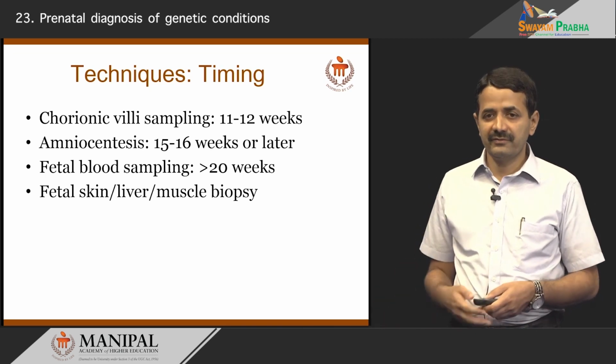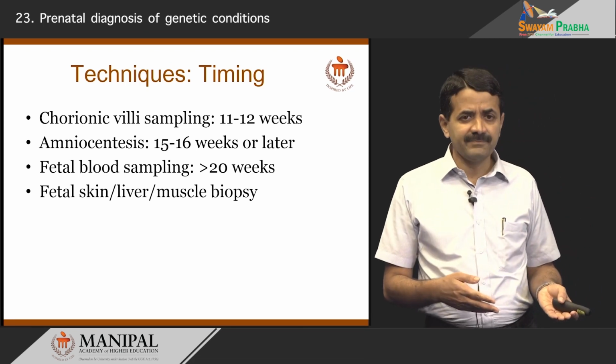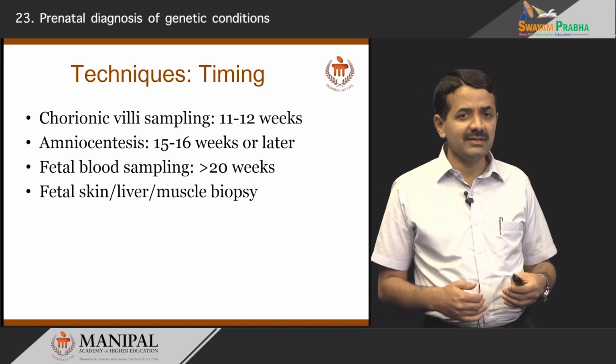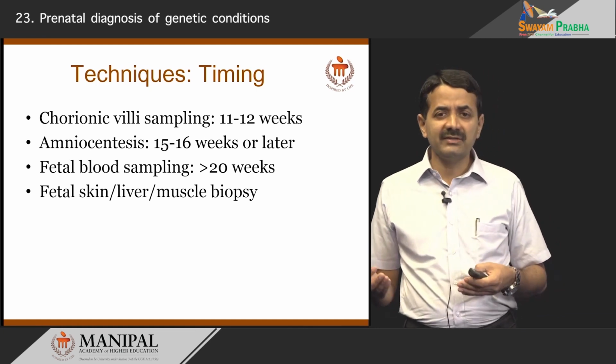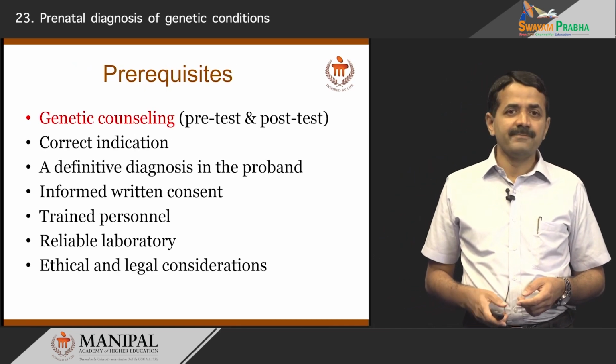So, we do not wait for fetal blood sampling; that is usually reserved for people who come later in gestation. For skin, liver and muscle biopsy, the indications are becoming fewer, because these can be studied by taking the fetal DNA through chorionic villi sampling or amniocentesis.